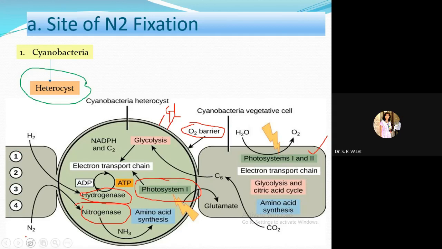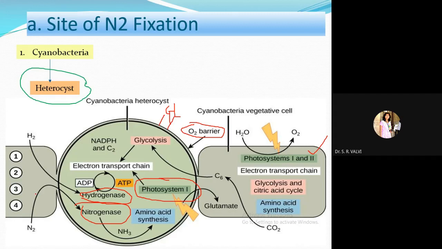Meaning what? Nitrogen combines with this hydrogen to form ammonia, right? And further this ammonia gets converted into an amino acid, that is glutamate, that is glutamic acid. So please do remember the site of nitrogen fixation in cyanobacteria is heterocyst.